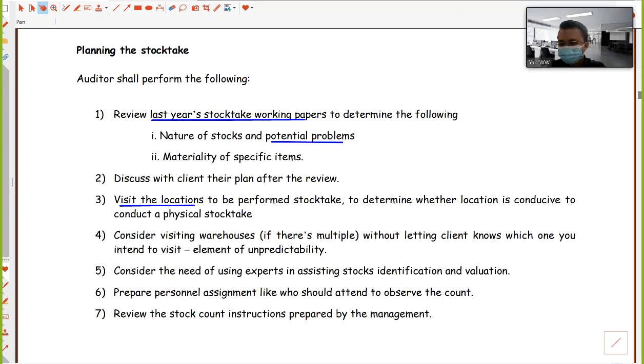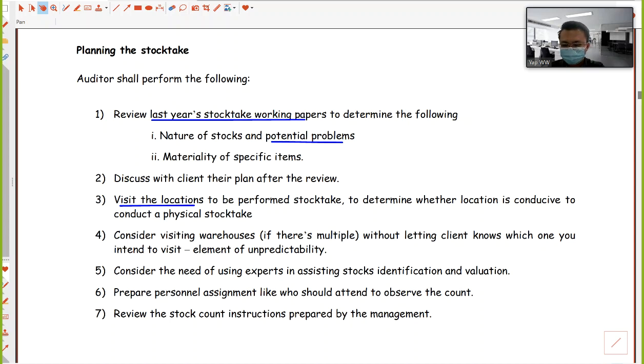Now this one we don't do in reality, unless you really don't trust your client, and your client shows indication of no integrity. In that case, of course, you won't accept the client in the first place. But once you have accepted the client and you cannot resign, then you have no choice but to do the audit, then you do this.